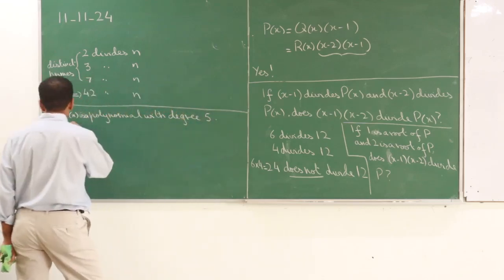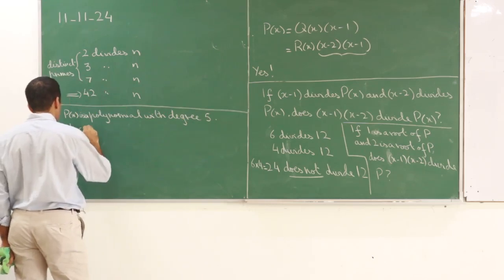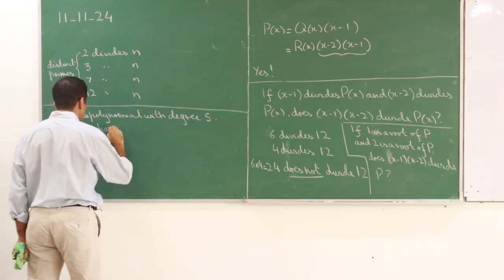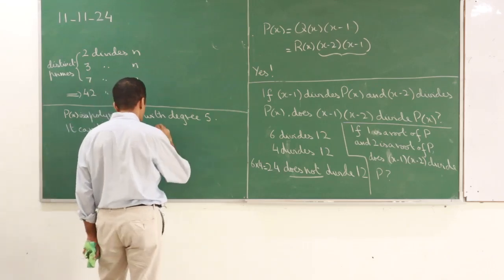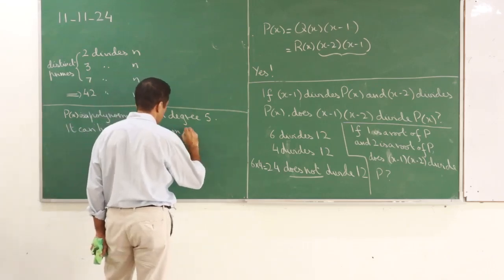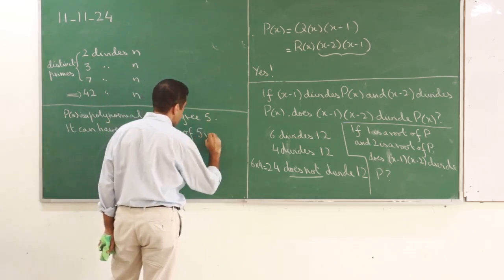It can have a maximum of 5 roots. Why can it have a maximum of 5 roots? So why is that?